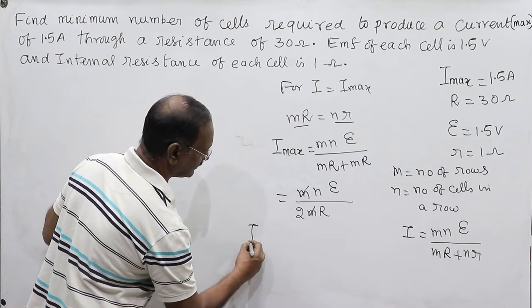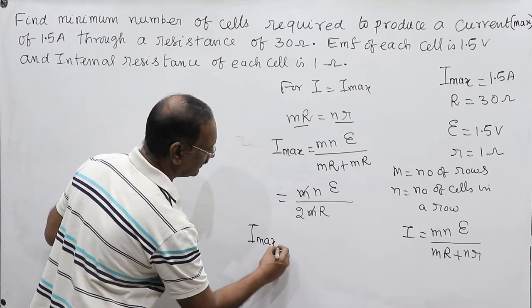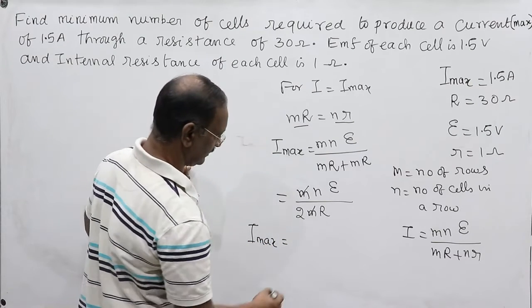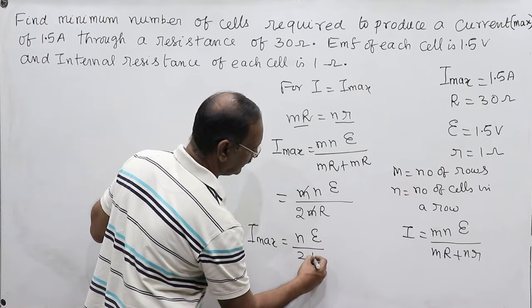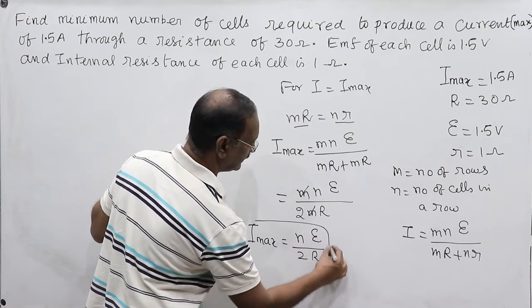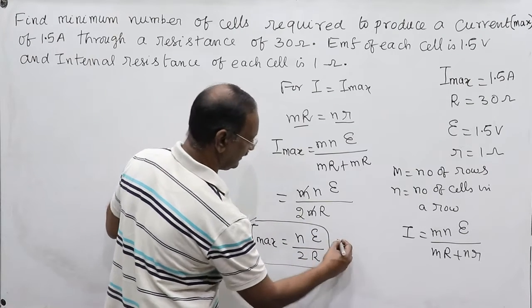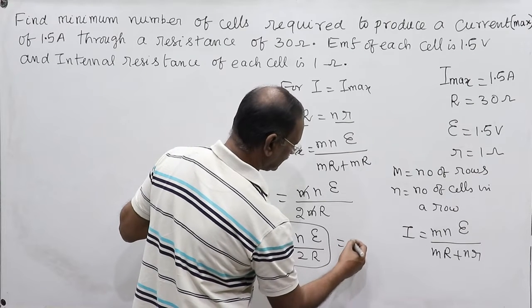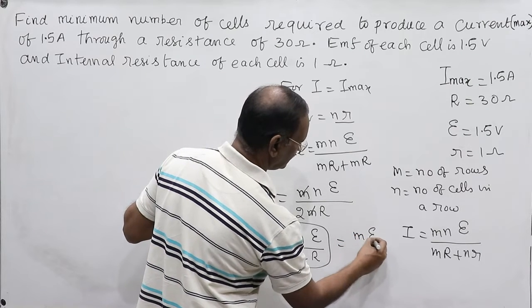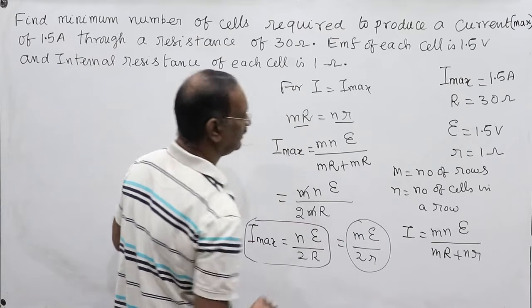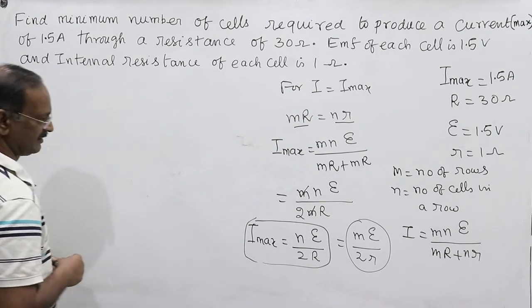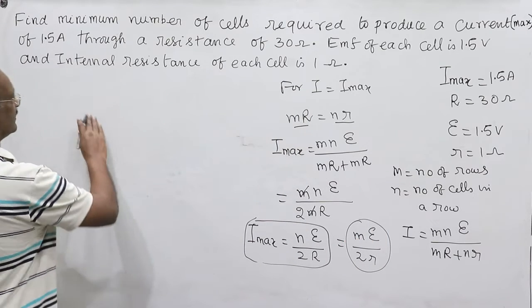Therefore I max is equal to n epsilon by 2 r. This is the condition. We have already met this condition. So what is I max?